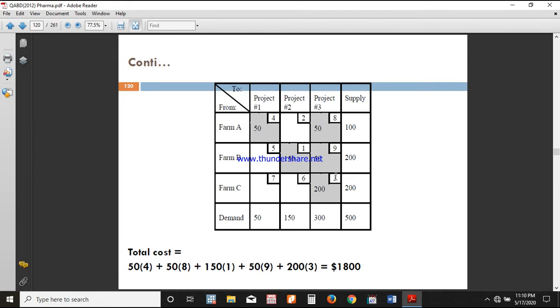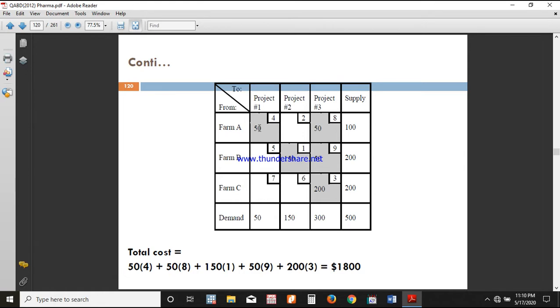Now you can find the other least cost, which is 7. Already the demand is satisfied. You can skip to the other, 8. Here the remaining value is 50. Here it is already 50. Therefore, you can allocate this 50 here, and this will remain with 0.